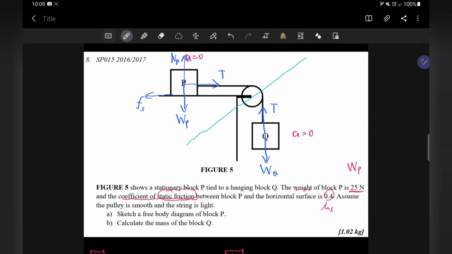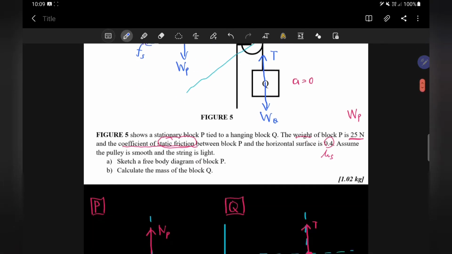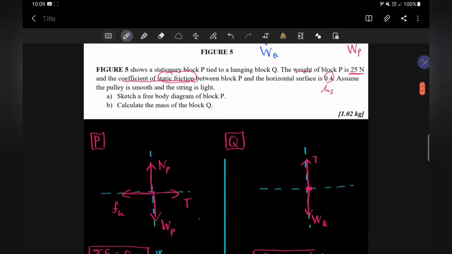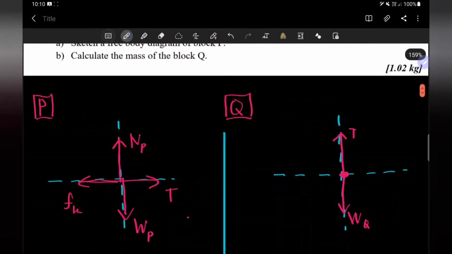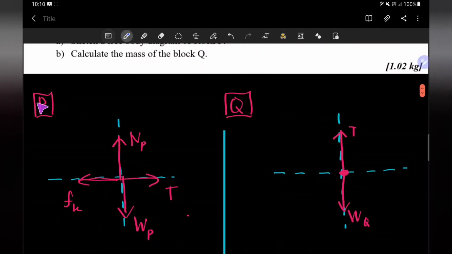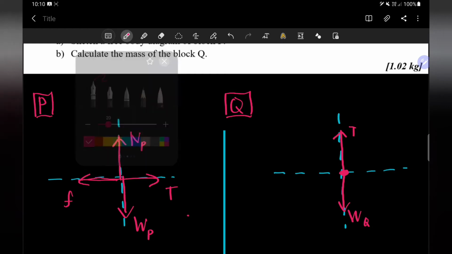By having this, we then transfer all the forces onto the axes, and we need to combine all the forces now. So this is the free body diagram that we have for P and Q. On P, what do we have? Just normal force, weight, tension, and this one is static frictional force Fs, because it doesn't move.